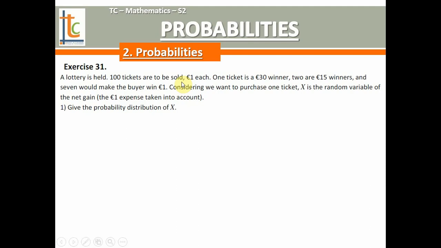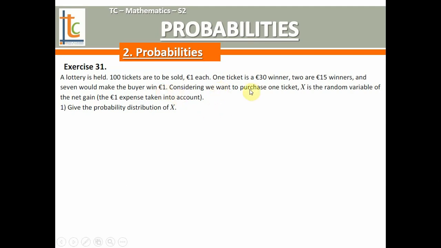Each time 100 tickets are available, whether they are made of paper or not, okay? And you have to pay €1 to buy a ticket. One ticket is a €30 winner. Two are €50 winners, and 7 would make the buyer win €1.